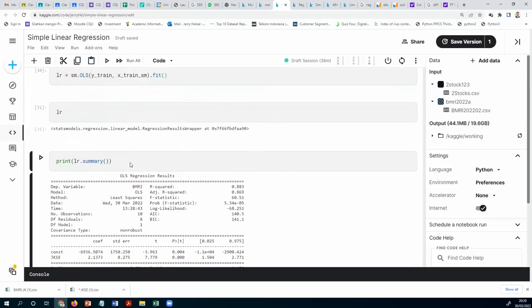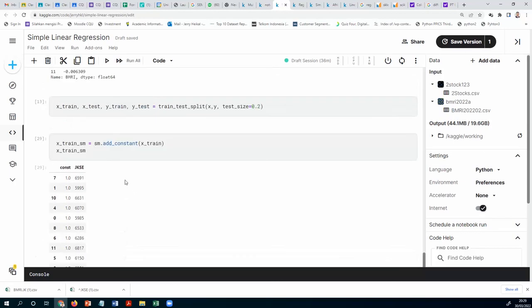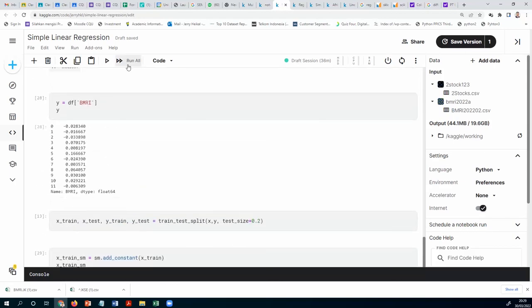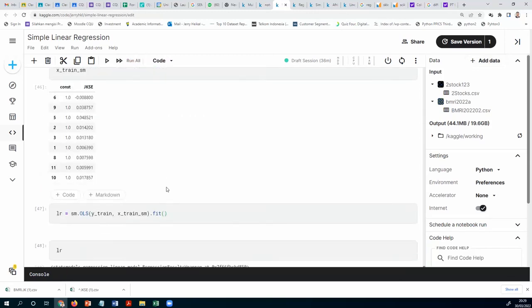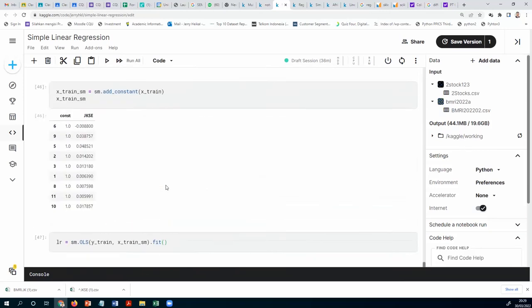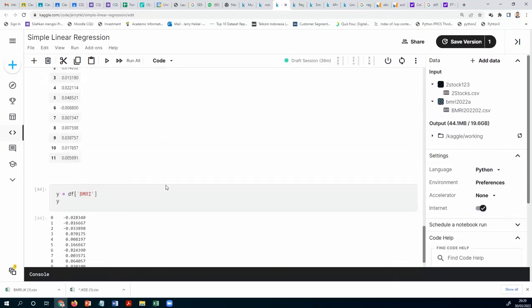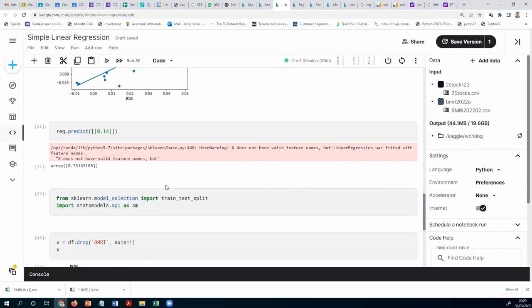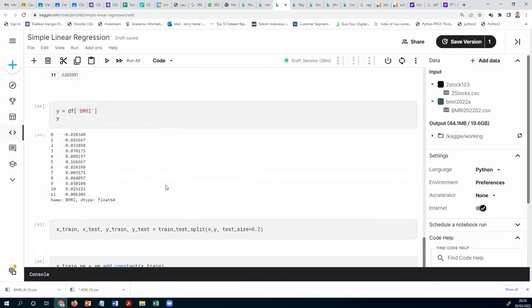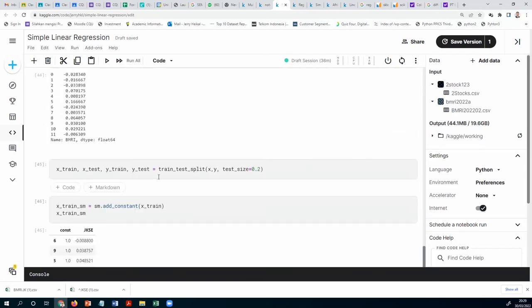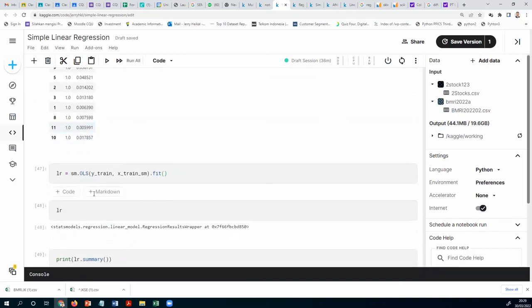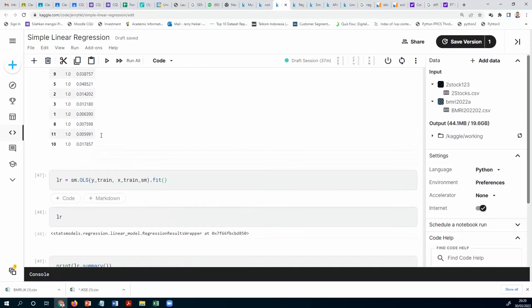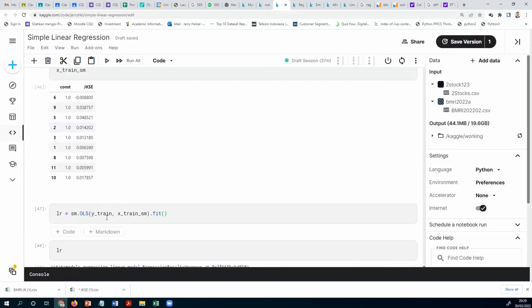Wait a second. This one, X train. Oh, okay. Let me run it all again. Wait a second. Is this the same data? Okay, drop, and then extract. Is the data the same? Linear regression, Y train, X train.